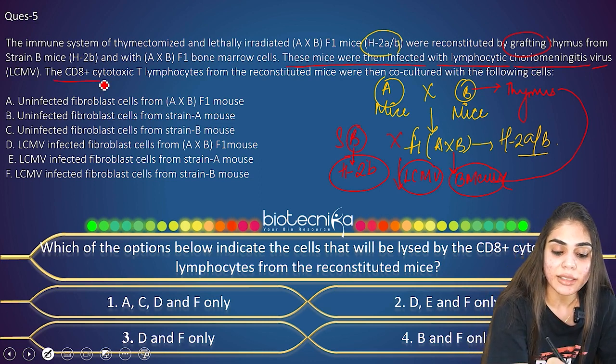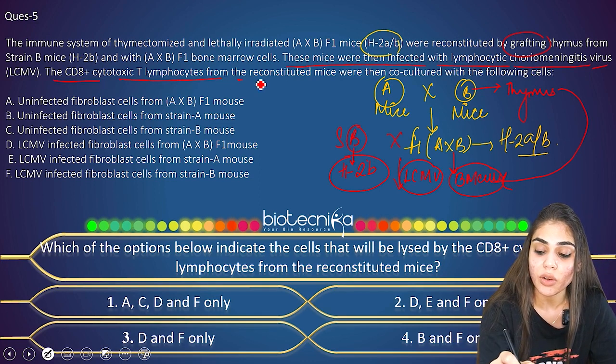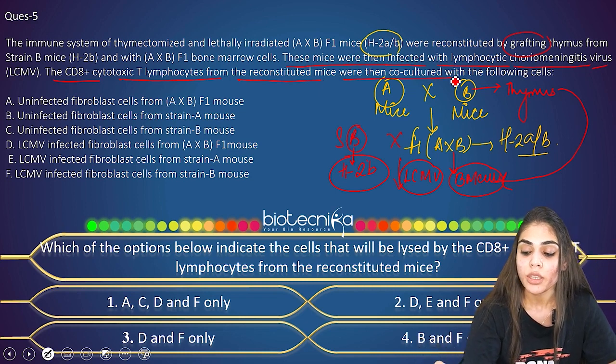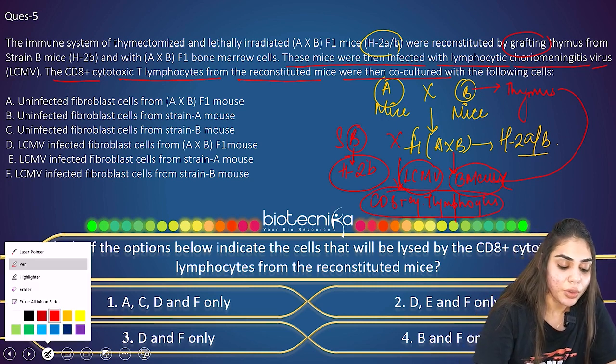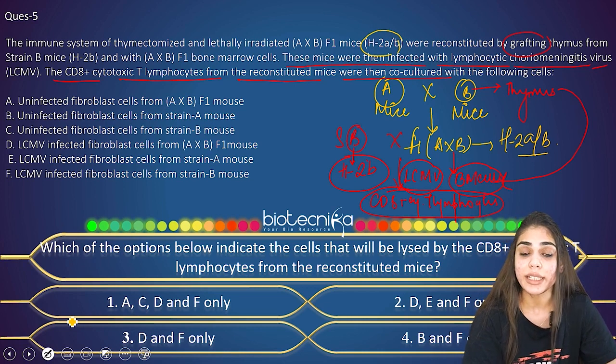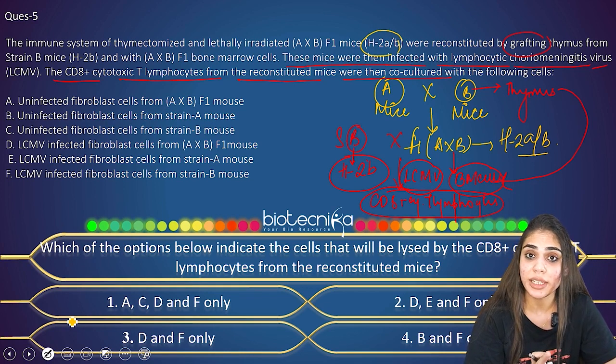The CD8 cytotoxic T lymphocytes from the reconstituted mice were then co-cultured. So after they infected these mice with LCMV virus, they isolated CD8 cytotoxic T lymphocytes. Now you know that CD8 T lymphocytes have one function, killing the infected cell. So they have isolated CD8 T cells, means they will kill one cell.